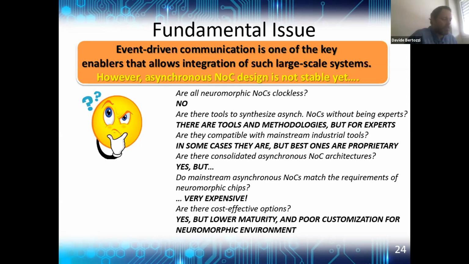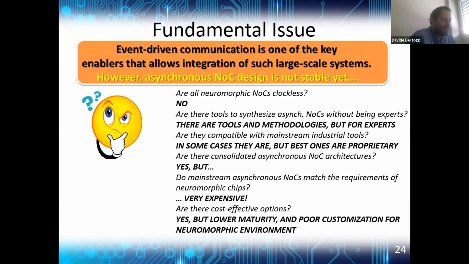And when it comes to the network on chip architecture, yes, there are some consolidated asynchronous architectures, even used for several industry-grade prototypes, test chips. But, and this is an issue that is currently overlooked, they do not really match with the ultra low power, ultra low area requirements of a neuromorphic system. We need to go to femtojoule level energy requirements for synaptic operations.